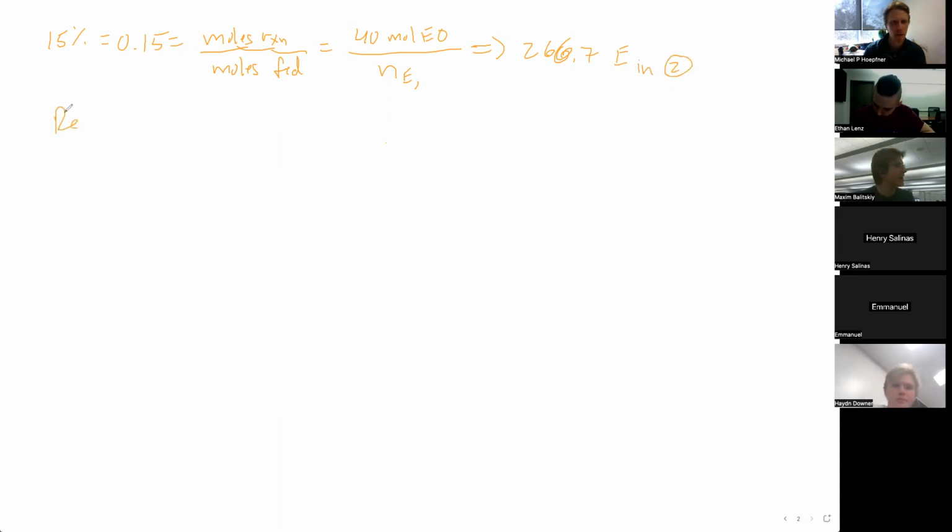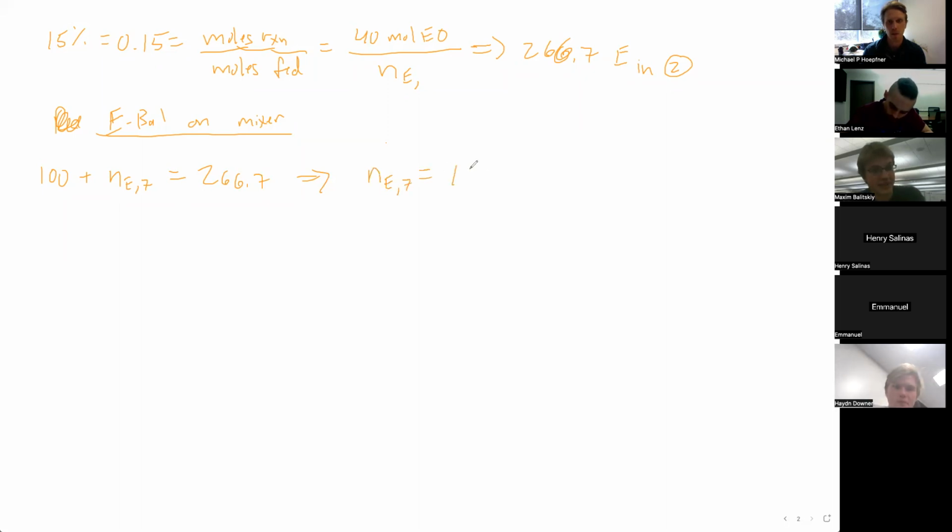So that means if we do an ethylene balance on the mixer, we have 100 moles being fed plus our unknown amount of ethylene in stream 7, which is the recycle, is equal to 266.7. So then we know that the N ethylene in stream 7 is equal to 166.7 moles of ethylene.